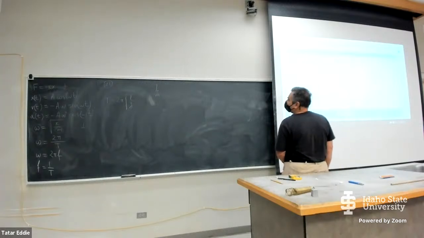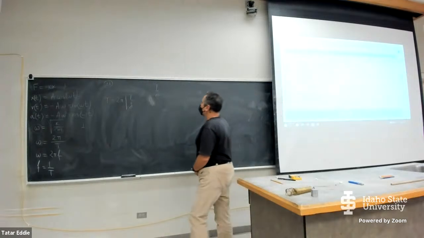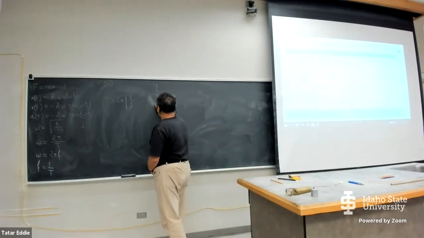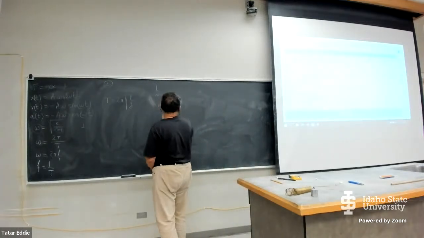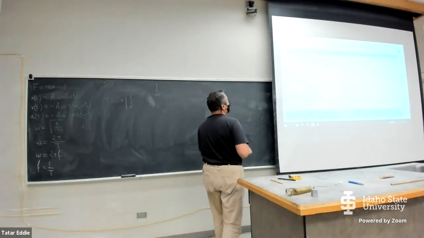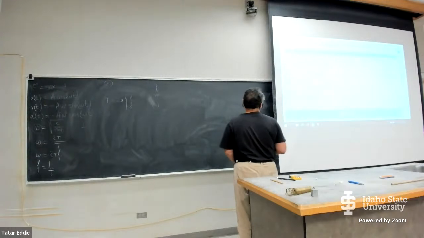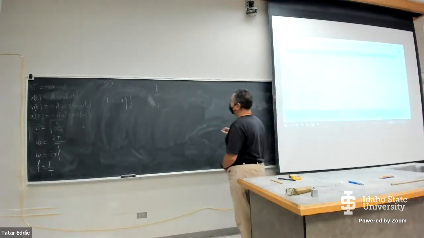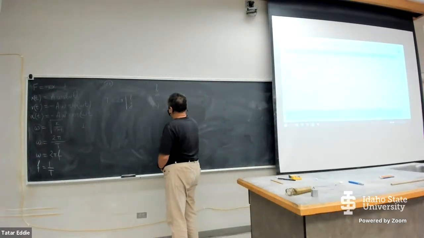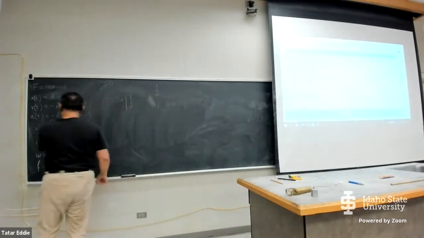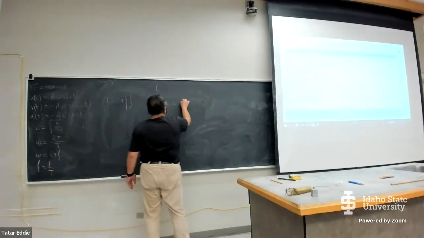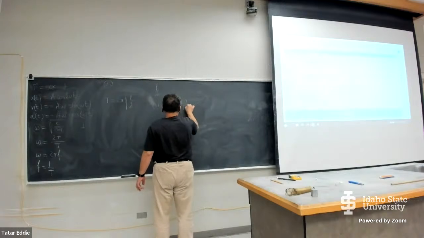Okay. So we can answer part A immediately without taking into account the mass and displacement. They're asking what is the angular frequency omega. And omega is 2 pi divided by the period.